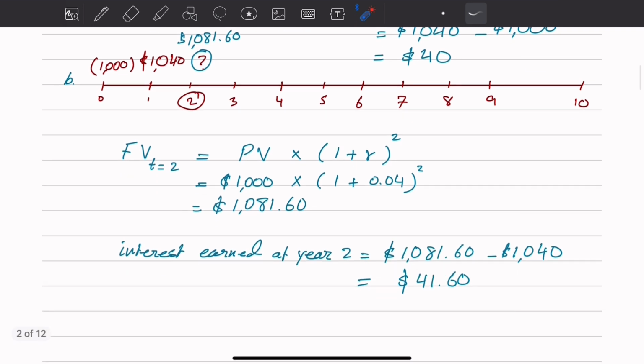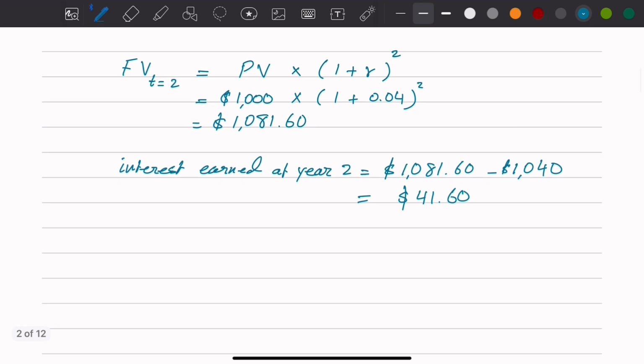Okay? Using the same future value formula, part C, we're going to say future value at t equals 9. It's going to equal 1000 multiplied by 1 plus 0.04 to the power of 9. I'll go back to my formula and just change the power.